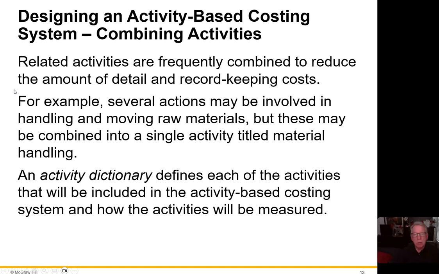For example, several actions may be involved in handling and moving raw materials, but these may be combined into a single activity titled material handling. So an activity dictionary here defines each of these activities that will be included in the activity-based costing system and how the activities will be measured.